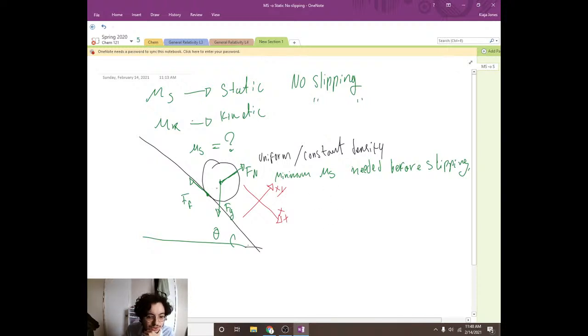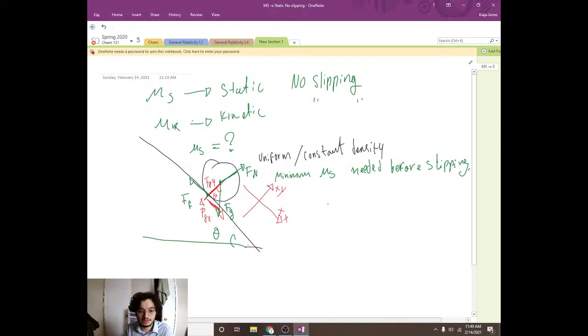So then you split the force of gravity into its Y and X components according to our reference frame. This is the only force that has two different components. Doing some geometry, you will find out that the angle over here is theta.